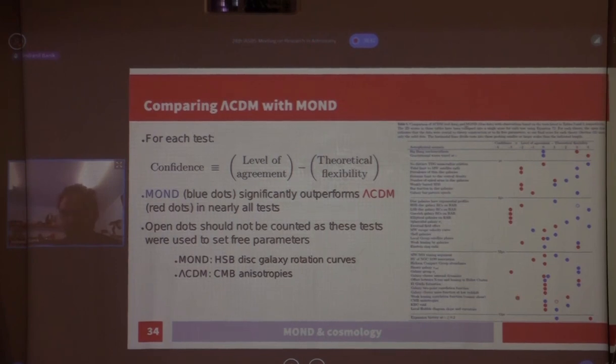There is one test that you shouldn't consider for MOND, which is the high surface brightness galaxy rotation curves, because these were used to set up MOND and to fix the A0 parameter. While for lambda CDM, the CMB anisotropies are generally used to set the free parameters of the model. So that's these open dots there. But as you can see, by now there's many types of evidence. So the loss of one line of evidence used in theory construction is not a major setback.